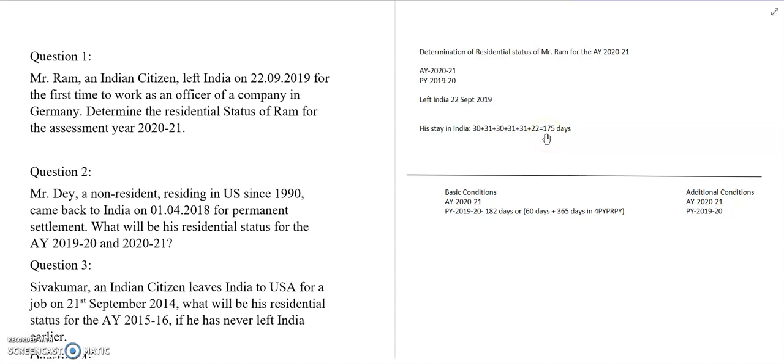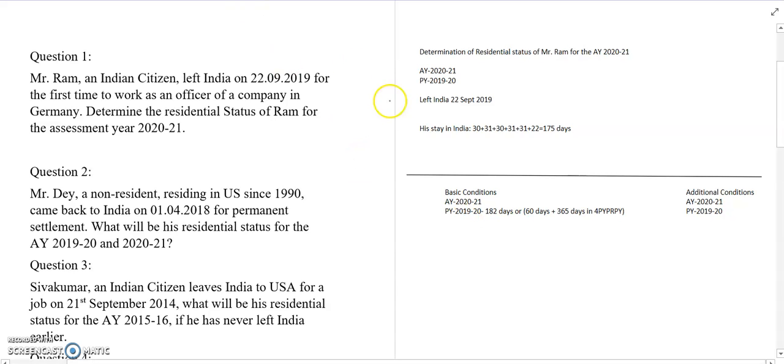2019-20 for 175 days. And we learned that in order for an individual to become resident, he has to satisfy a basic condition. The first basic condition states that he should be in India for at least 182 days in the previous year, but he had stayed in India only for 175 days, which means that he doesn't satisfy the first basic condition.